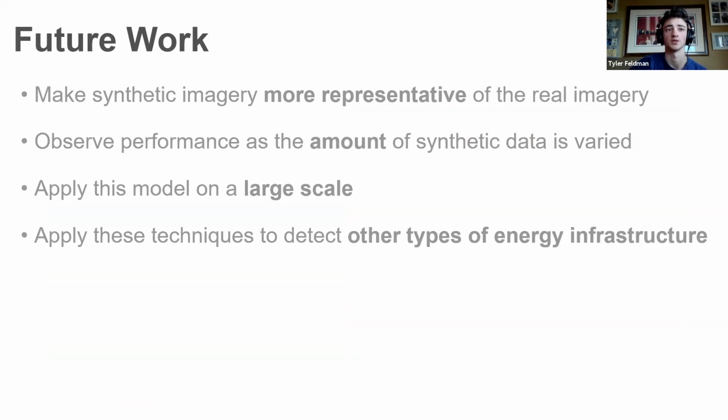We'd also like to observe the performance as the amount of synthetic data is varied, and then also apply this on a large scale to satellite imagery to locate wind turbines throughout the US, and then eventually use these same techniques on other types of energy infrastructure.